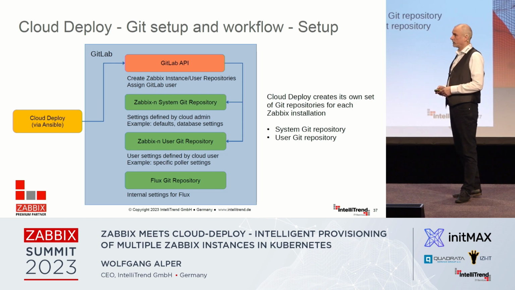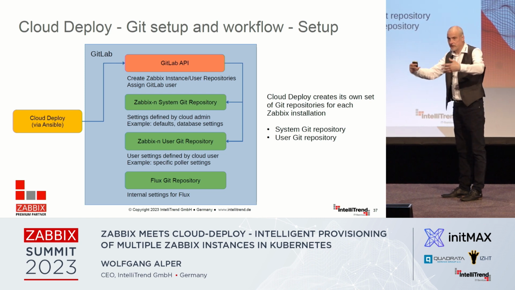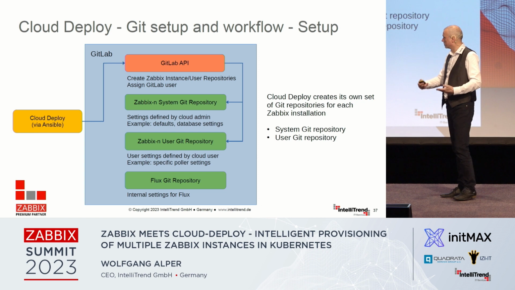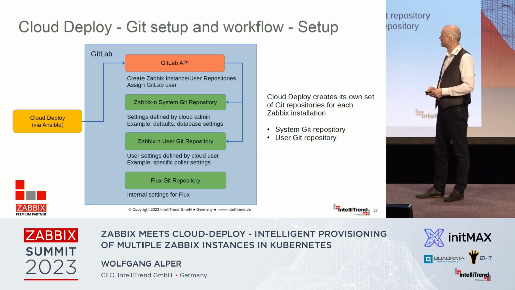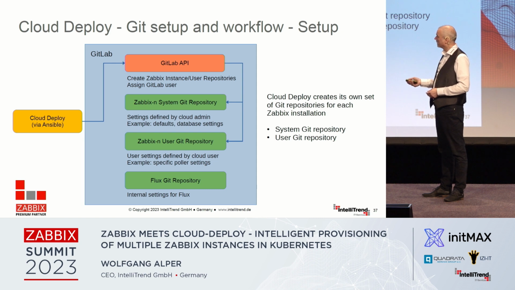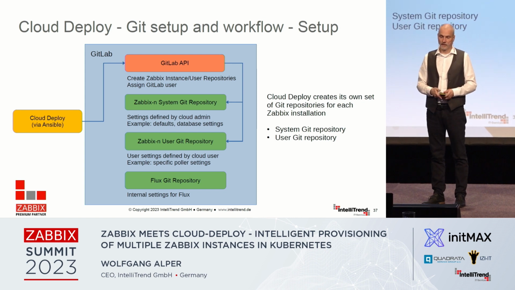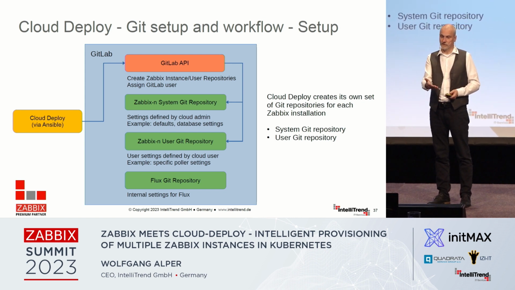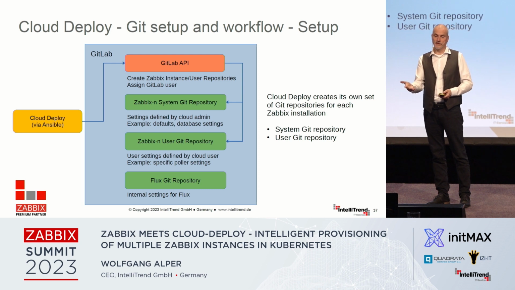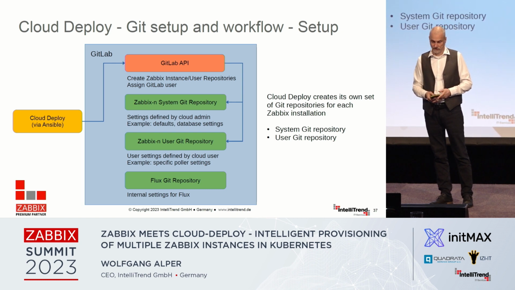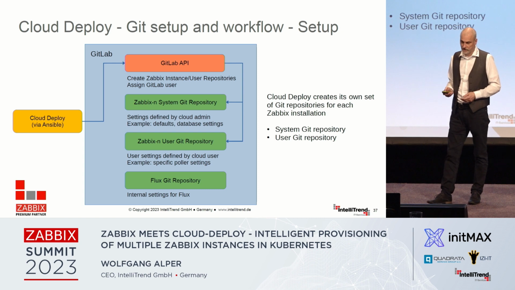So if Cloud Deploy would like to initiate such a process to create a new Zabbix installation, what it does is Cloud Deploy uses Ansible playbooks and creates the necessary information in various Git repositories. It uses the GitLab API basically to create new repositories if these repositories are required.